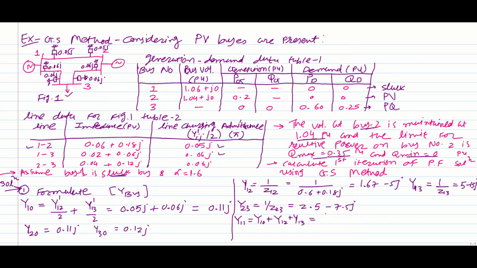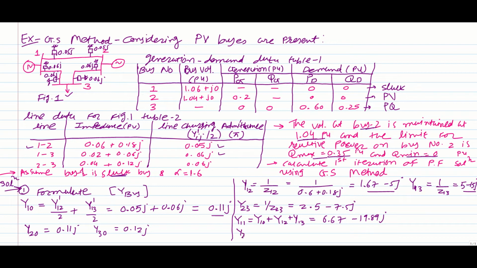So we will get the final answer after substituting the values of Y10, Y12 and Y13. The summation of all three parameters will give the answer 6.67 minus 19.89 J.